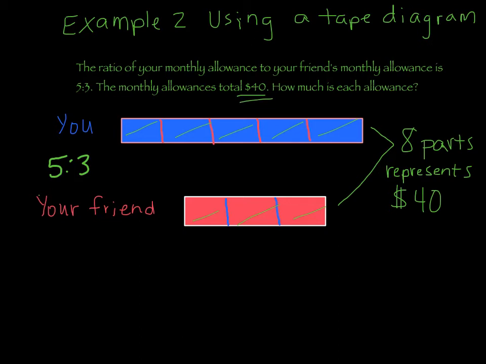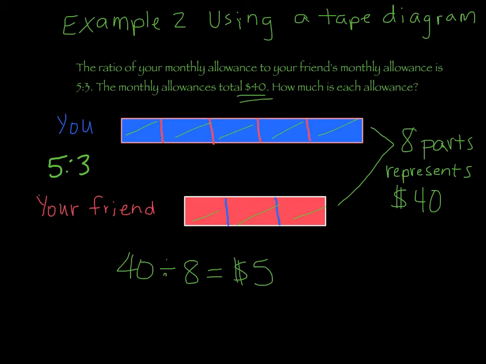So how much is each allowance? Well, if I know I have a total of 8 parts, that means 1 part must represent 40 divided by 8, which equals $5.